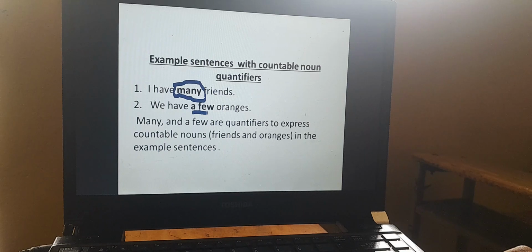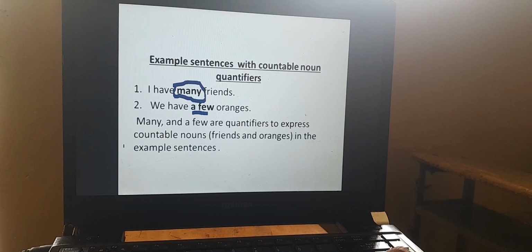Example 1 and example 2 use countable nouns, friends and oranges, and because of that we have used many and a few to express them, since friends and oranges are countable nouns.